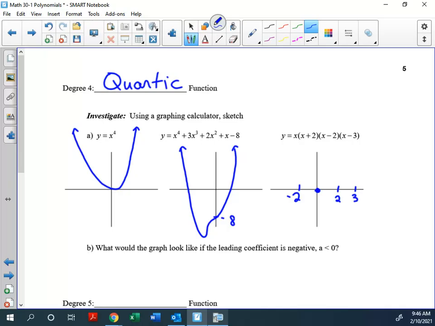So if I'm going to sketch this, how do I know where I'm going to start? What quadrant am I going to start in? Well, it behaves like a parabola, right? So it would start here. Oh, that's terrible. I'm on the wrong side. It would start here. It would go up, down, up, and make kind of like a W. There's our prediction.